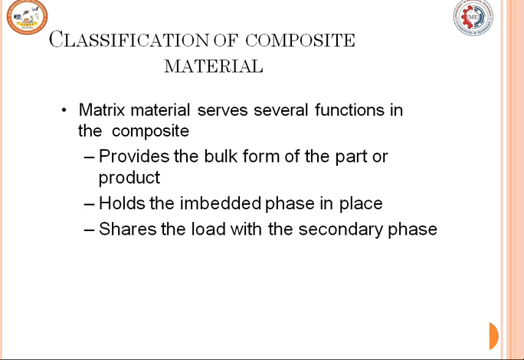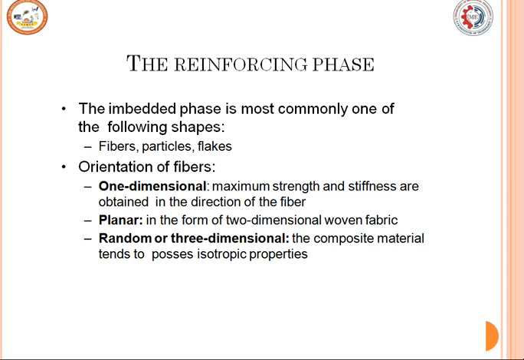So if you go with the classification of composite material, matrix materials serve several functions in the composites. They provide the bulk form of the part or product, hold the embedded phase in place, and share the load with the secondary phase. So the reinforcing phase may be in terms of fibers, particles or flakes.